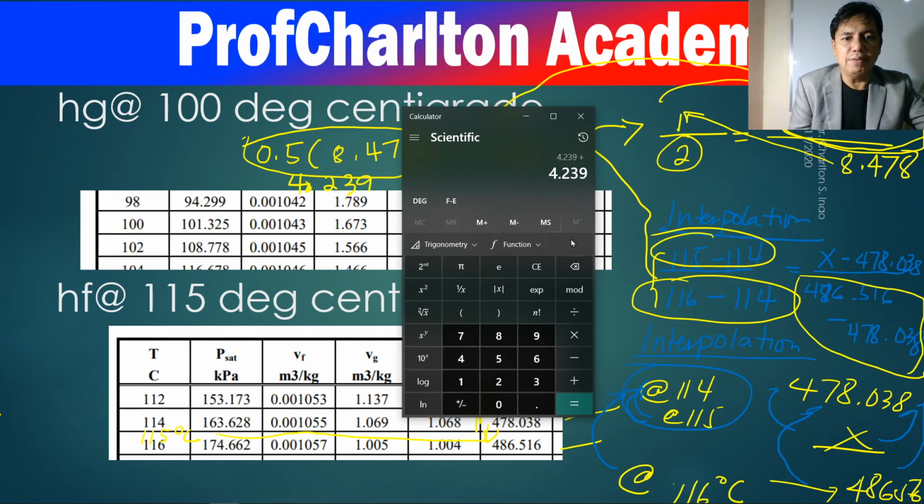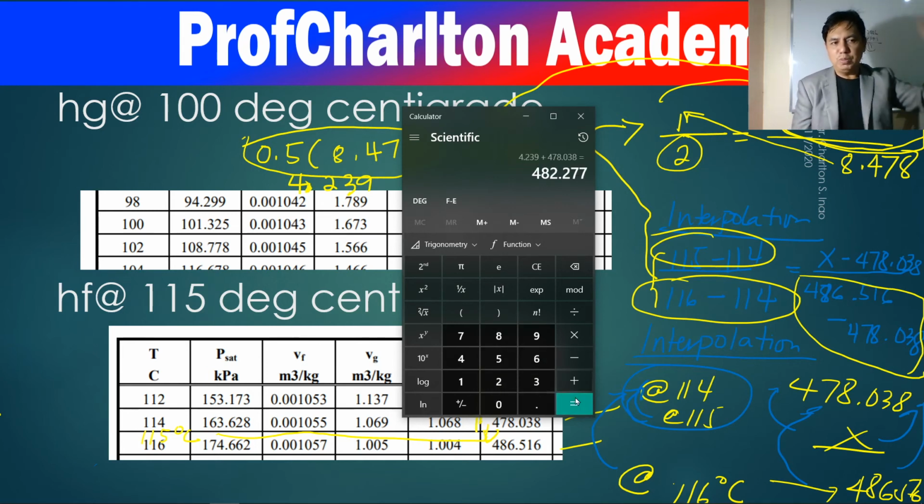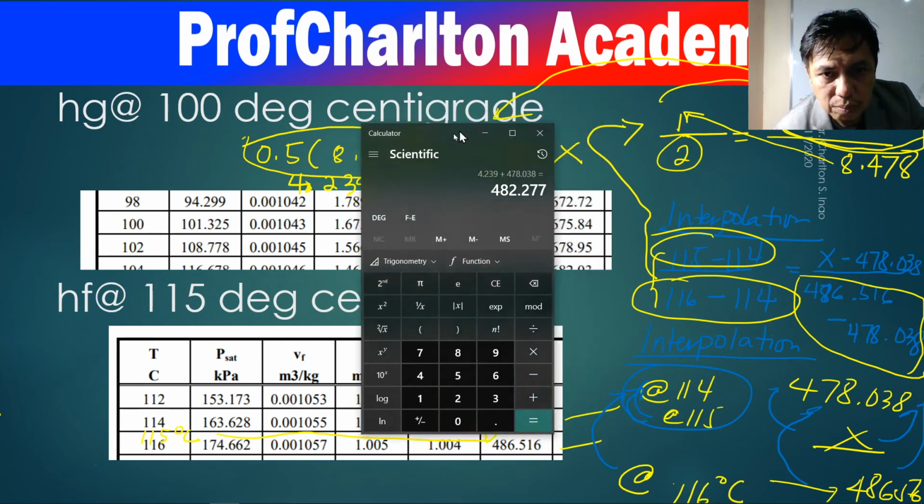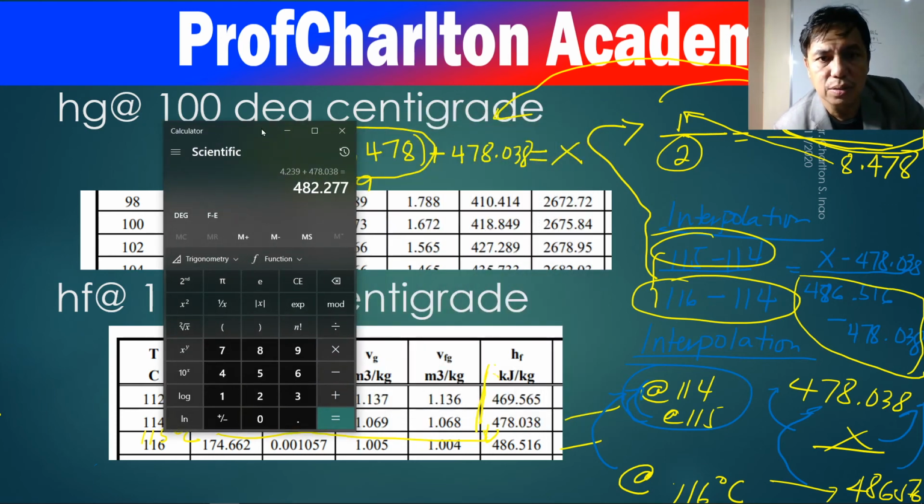This one, 478.038, right? So it should be greater than 478. So it is 482.27. So the whole thing here, the x, is 482.